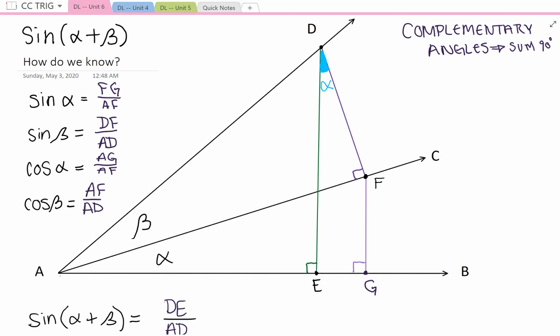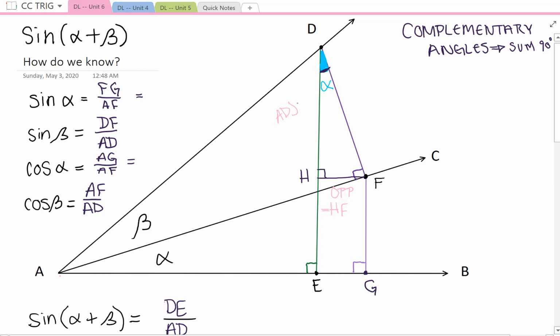For the purpose of ratios that will help us later, we're going to draw a line that extends from the point F and is perpendicular to the line DE. That will intersect at the point H. Now, if this is also equal to alpha, that means we have some additional representations for sine of alpha and for cosine of alpha. Let's label the sides. Opposite this angle alpha is HF.